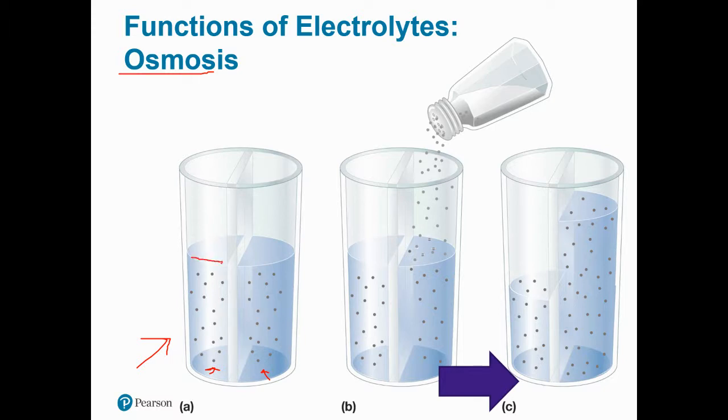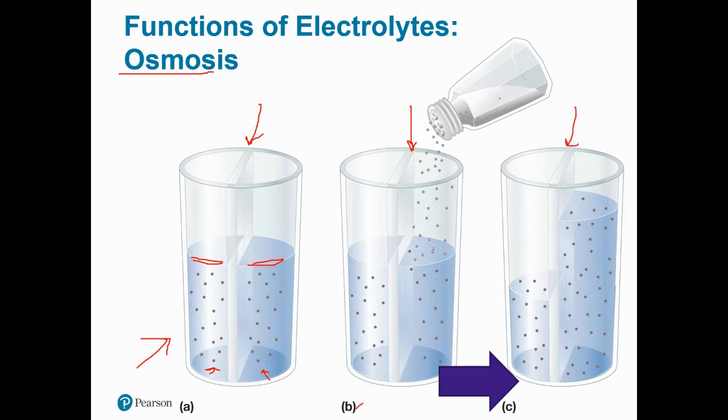And you can see by the water line, we have an equal amount of water on either side. So these two sides are in balance. Because there's equal solute on either side, there's equal water. And we're going to say that these membranes down the middle are semi-permeable membranes.